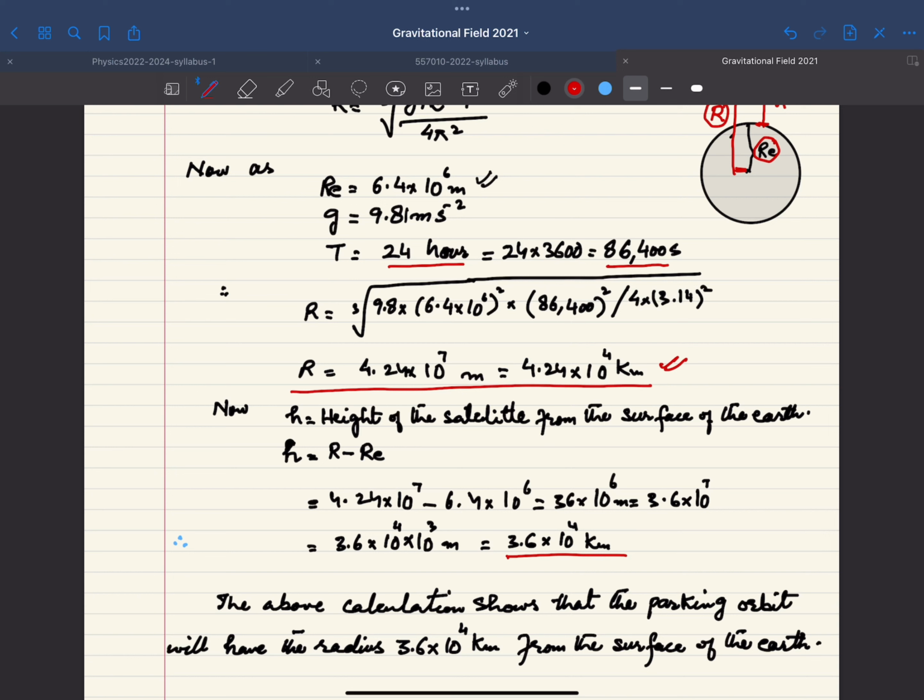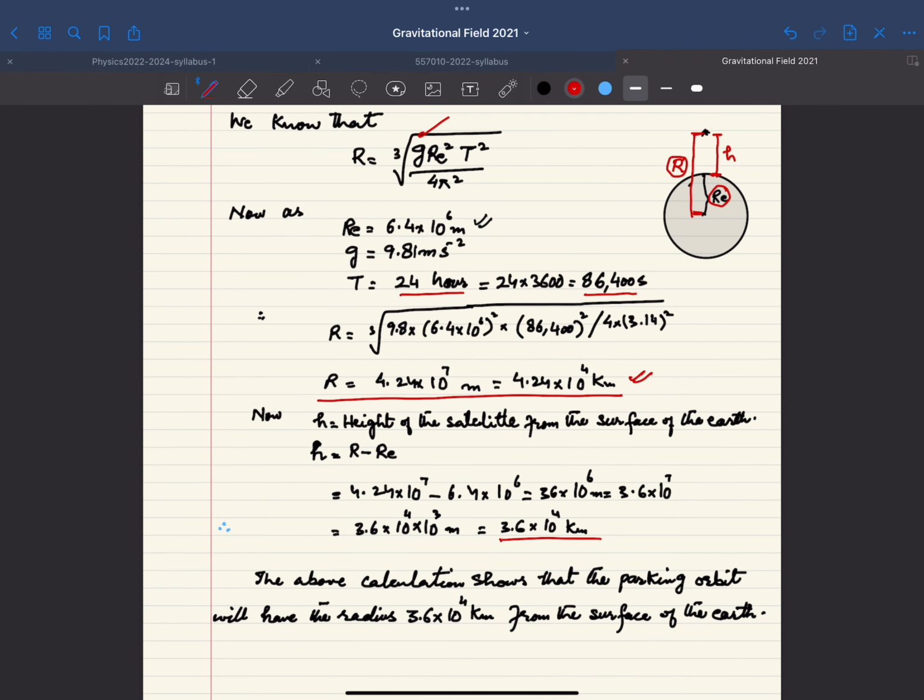So it means that if you want to keep a particular satellite in orbit, the orbital velocity is nearly 7.9 or 8 kilometers per second. If you impart this velocity, the body will start moving in orbit around the earth, suppose.